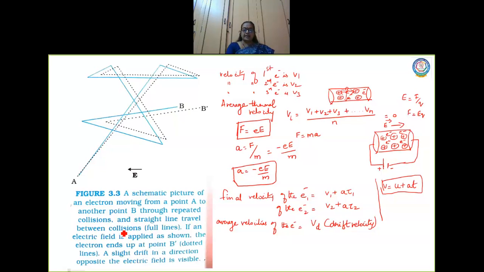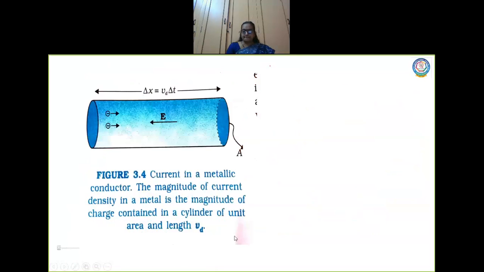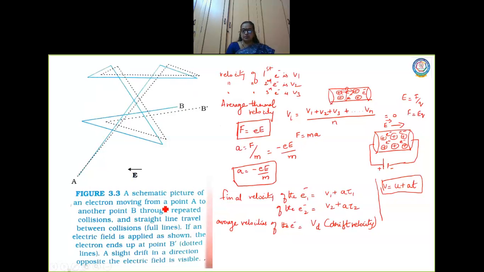So I can write vd is equal to v1 plus a tau 1, plus v2 plus a tau 2, up to vn plus a tau n, divided by the number of electrons.